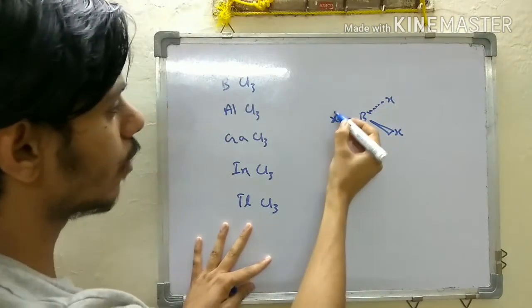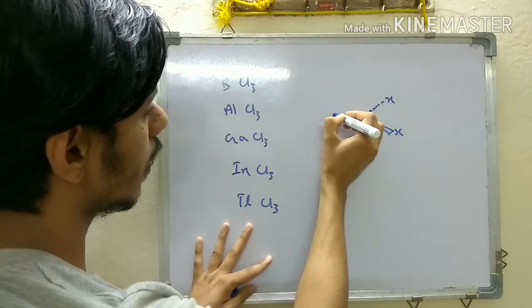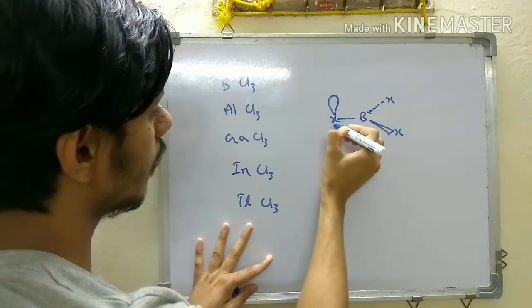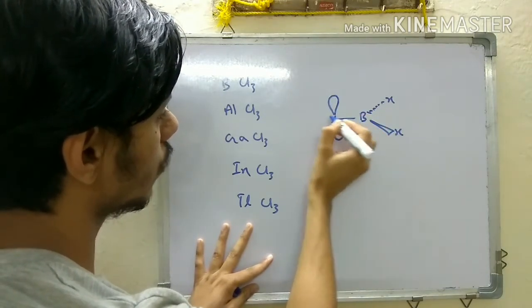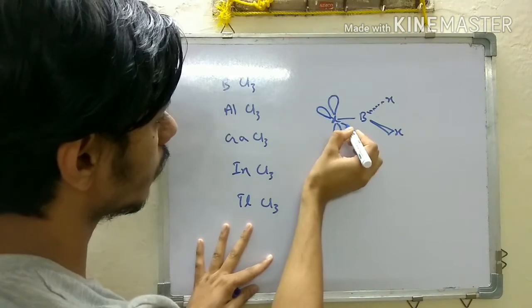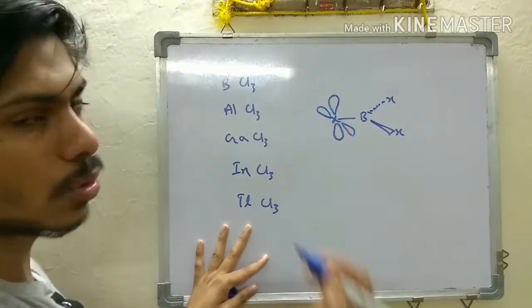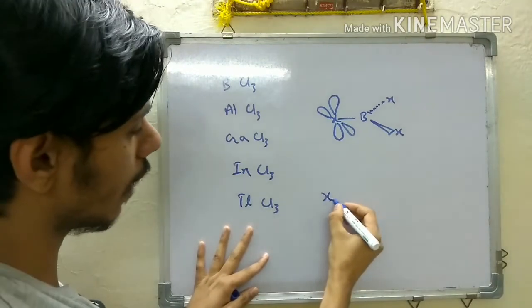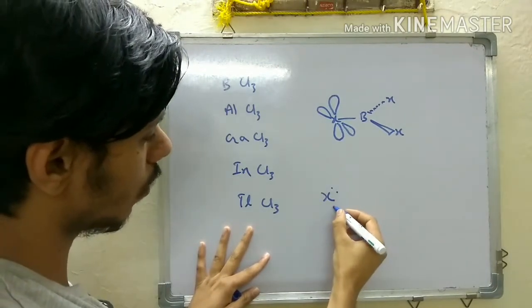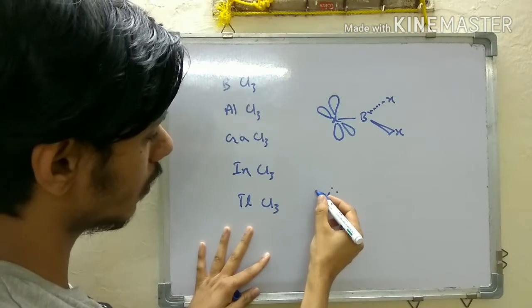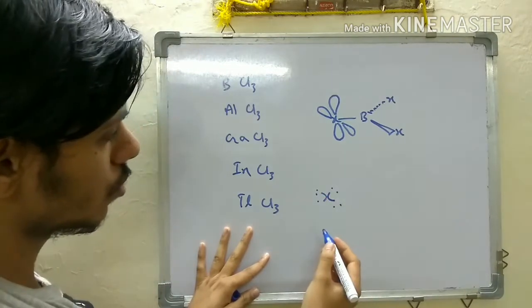And in the halogen, there are lone pairs which are available, right? Two lone pairs are available here, because any halogen's outer shell contains a total of 7 electrons.